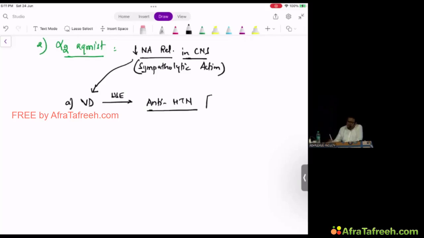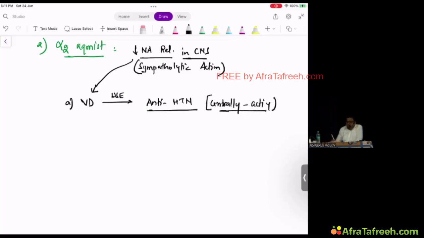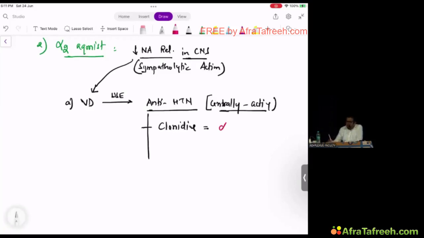Which kind of antihypertensive? As I explained earlier, centrally acting. Which drug comes to your mind? Clonidine. What is the major mechanism of clonidine action? Alpha 2 stimulation.